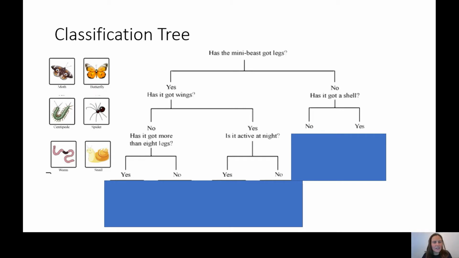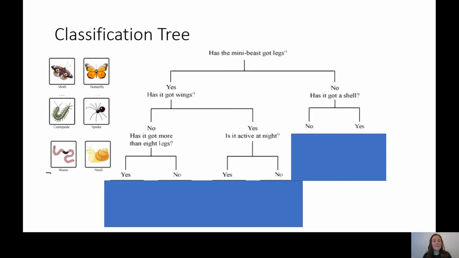Has it got wings? So out of those 4 animals, we've got the moth and the butterfly that does have wings, and the spider and centipede that doesn't. So if we say, has it got wings? No, we're going down the left-hand column. We're then going to ask the next question. Has it got more than 8 legs?